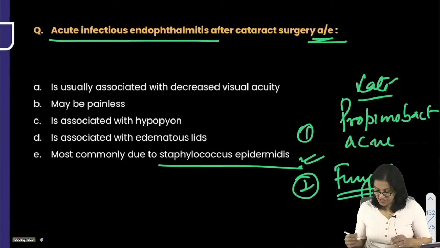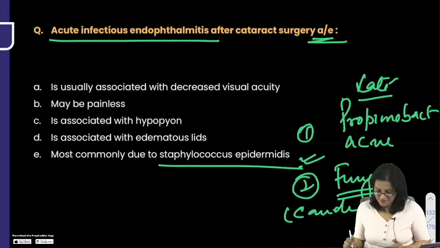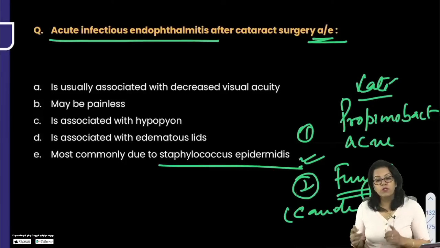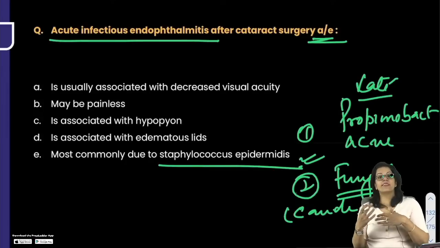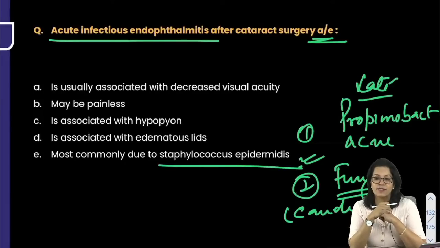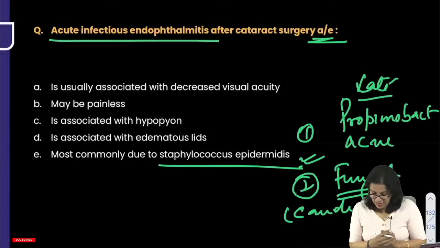And the most common fungus here would be Candida. Right? The most common fungal infection for orbital cellulitis is mucormycosis. Remember that, for orbital mucormycosis, and it's an important topic after COVID, right? You should know this.